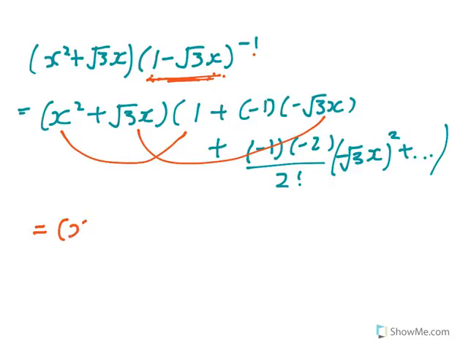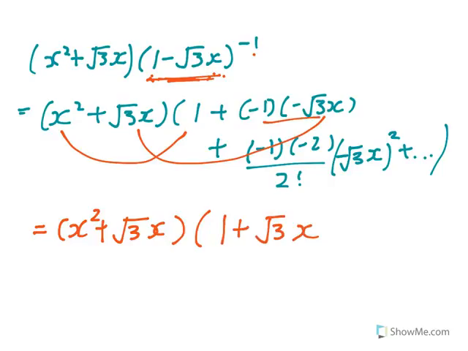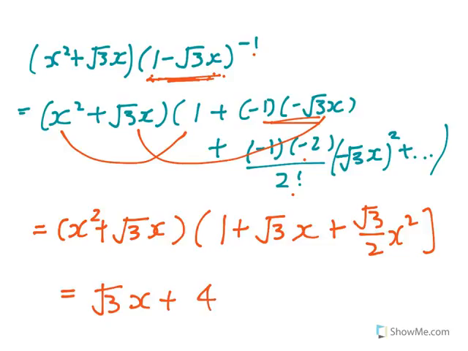Let me just simplify: x squared plus square root 3 x times 1 plus square root 3 x, and so on, giving 2 factorial with square root 3, 3 over 2 x squared. And then the final answer that you leave in terms of x and x squared, that's all you need.